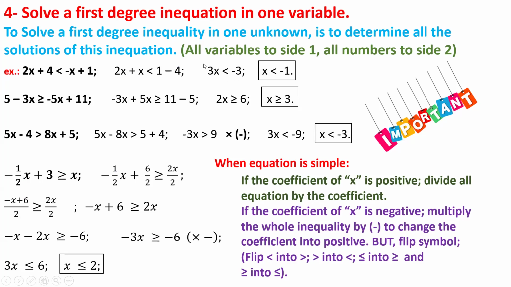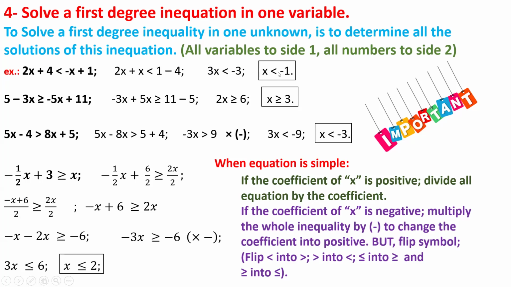When the inequation is in the simple form, now I look at the coefficient of x. The coefficient of x is the number before x. Is 3 positive or negative? It is positive. So I divide all the inequality by 3. 3x divided by 3 gives me x. Less than.